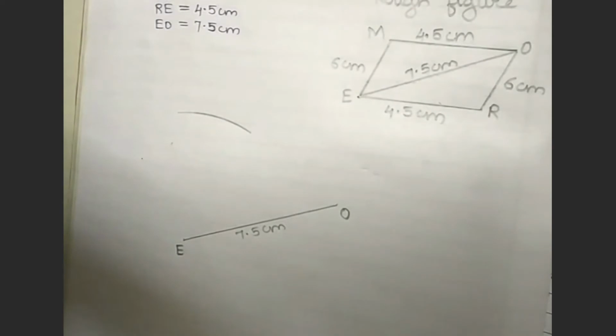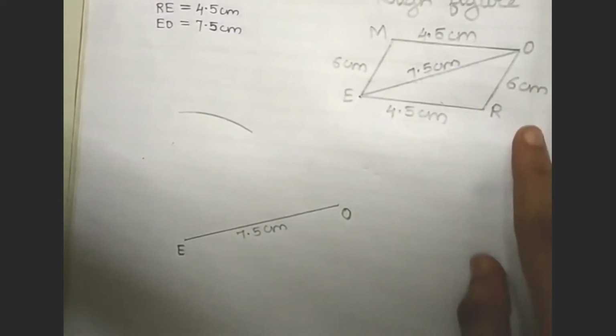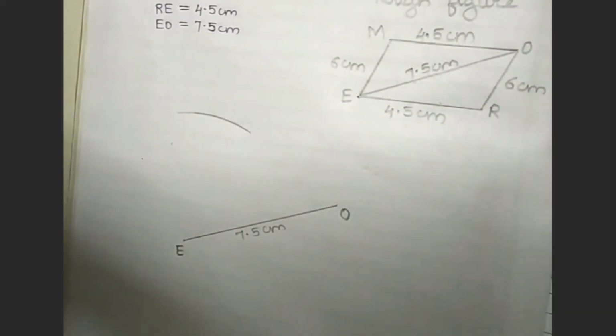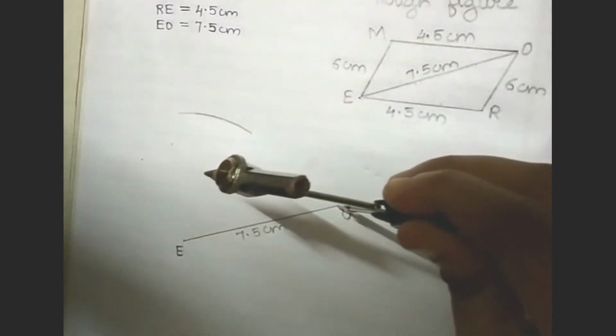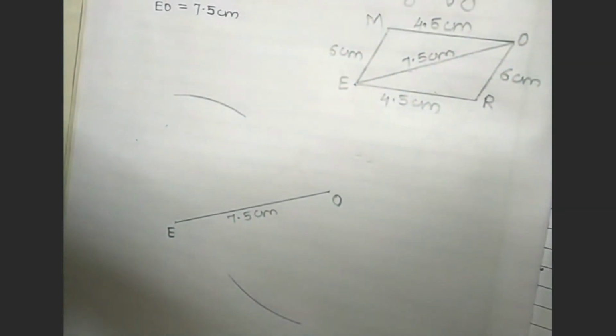Similarly, here students, we know that the length of side OR is also 6 centimeter. So again from this O, I will construct an arc of 6 centimeter. Okay, so I have constructed both the arcs of 6 centimeter.